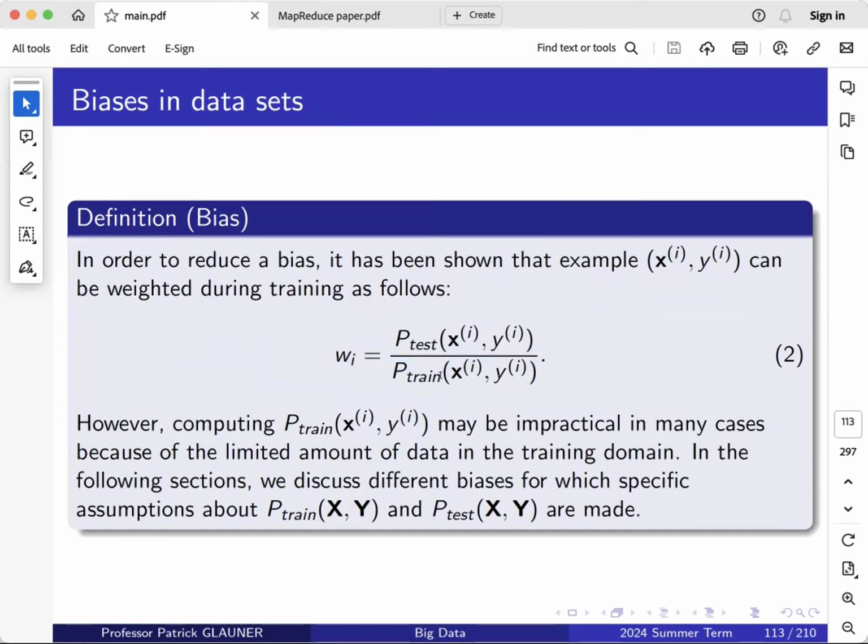Now you're wondering, how can you actually use such a weight? If you take a look into, for example, scikit-learn, you can look at various classifiers and you can see how to add a weight.